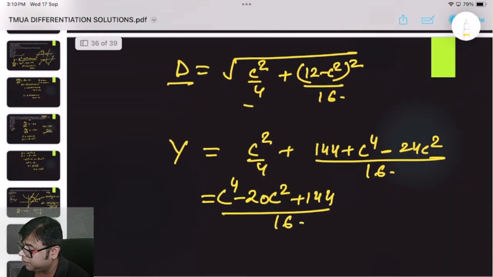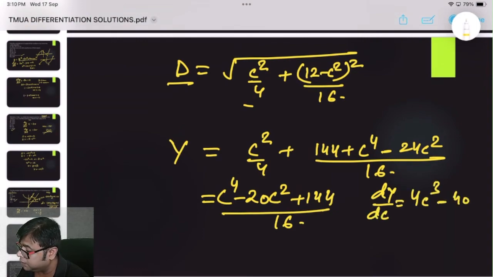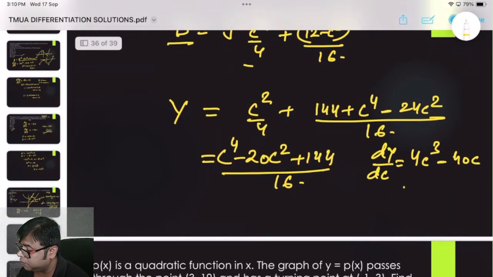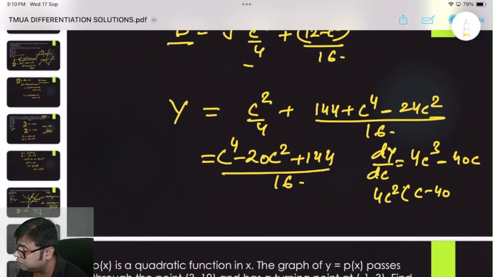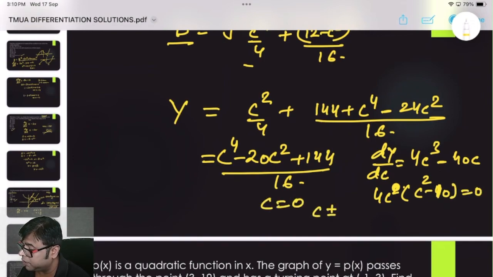Now if I find dy by dc, I will be getting 4c cube minus 40c. This is the first derivative. So if I equate it equal to 0, 4c common, c square minus 10 equal to 0. So c will either be 0 or c will be plus minus root of 10.